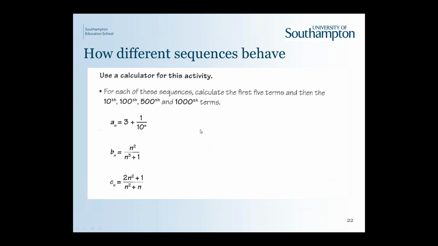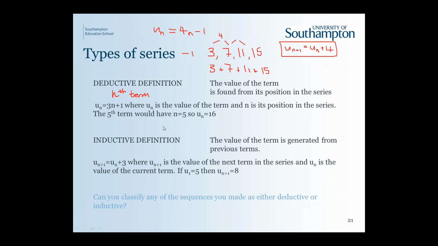So I've uploaded a load of things. There's loads of different activities that just get them investigating different things. One of the things they get really hung up about, and I'm sure you'll know this, is the letters that we use. Traditionally, u with a subscript n is used, or a with a subscript k is used.